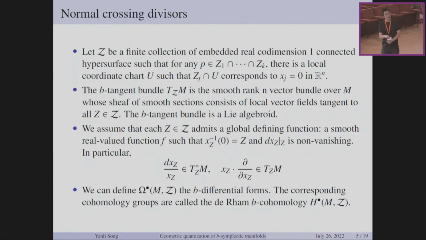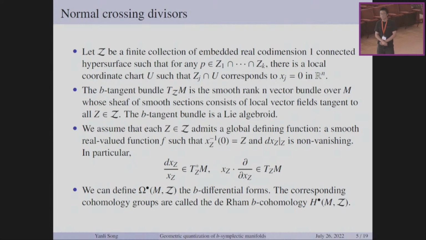Of course, if x_Z is a global defining function, minus x_Z will also do the job. So choosing x_Z or minus x_Z is equivalent to choosing an orientation of the hypersurface. I will just fix one defining function for every hypersurface.